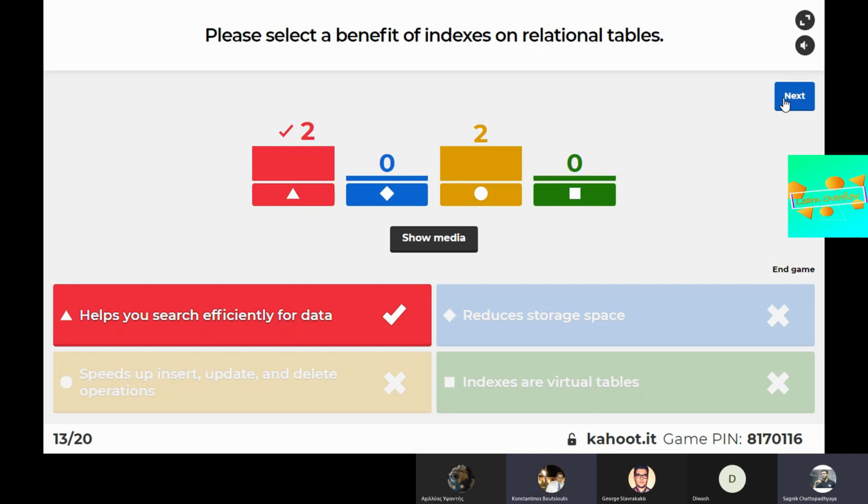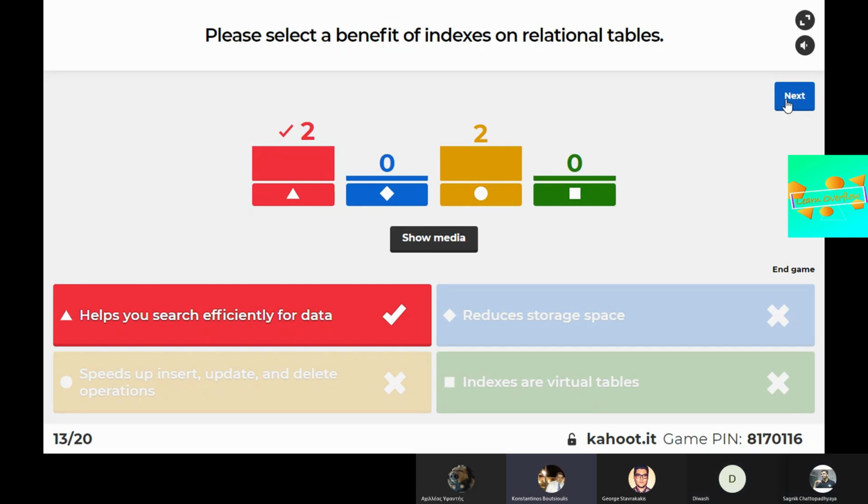Yeah, Constantine, we need indexes because we have to find rows. In relational databases we have to find columns that have different values. That's the best choice for indexes. Exactly, it makes searching for data efficient. Yes, awesome.